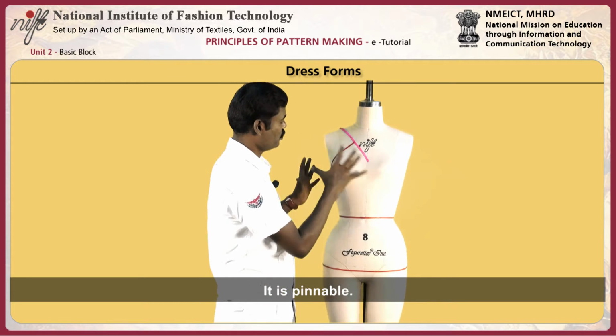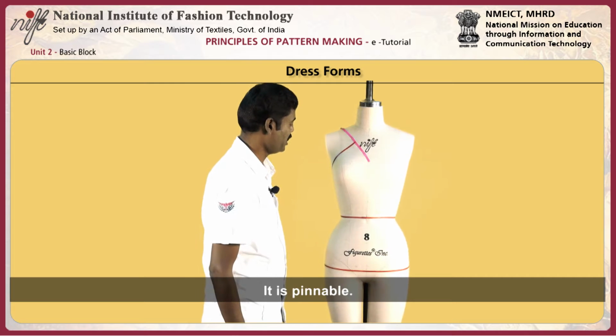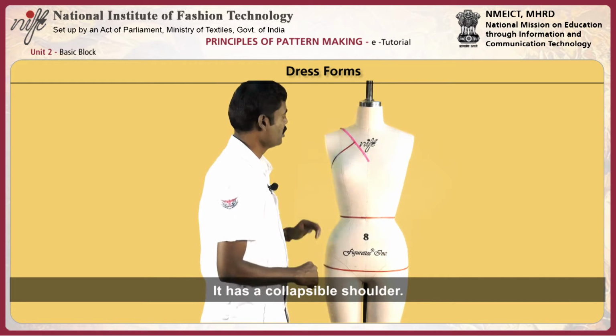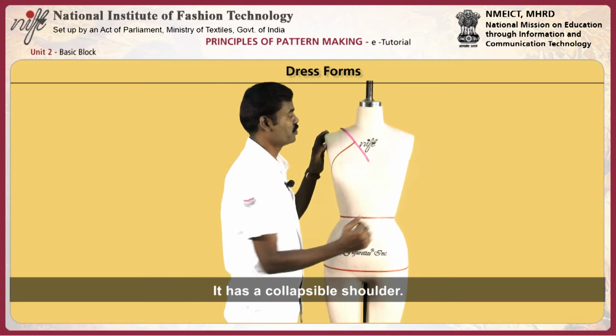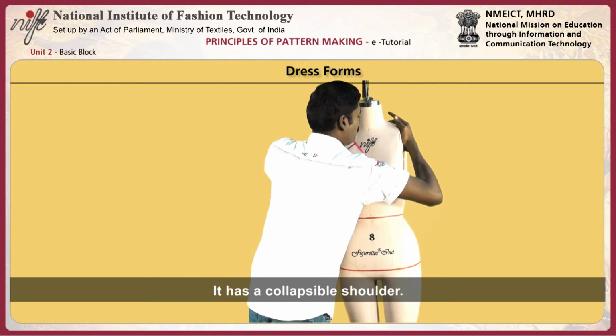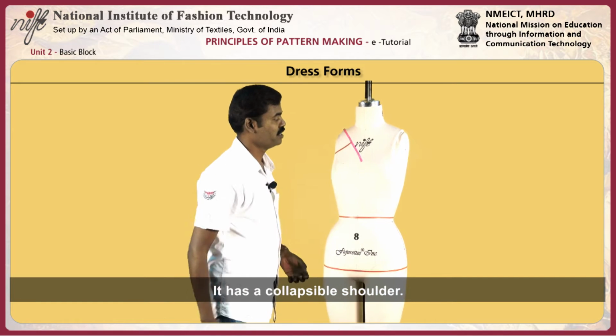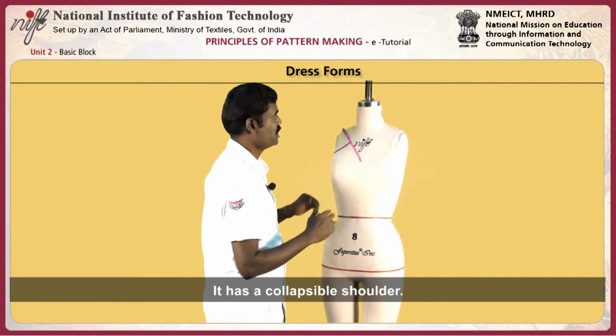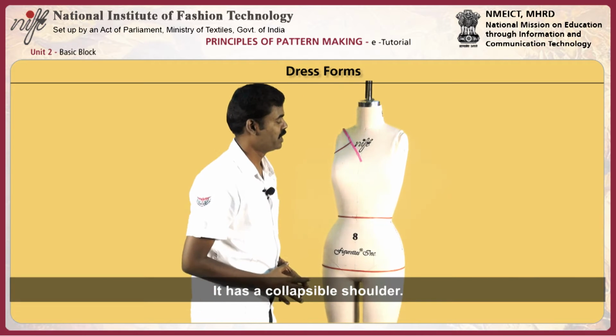So like that you can create your style lines, and after that you can make a pattern. It has a collapsible shoulder. If you press both the shoulders together, it will collapse, so that it is easy to put a garment inside.